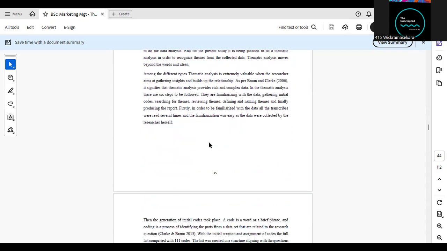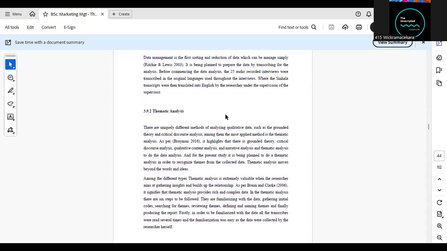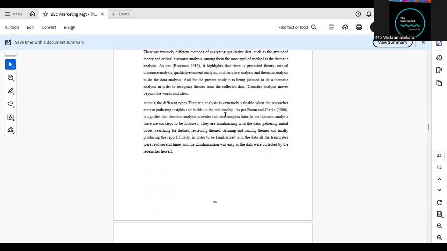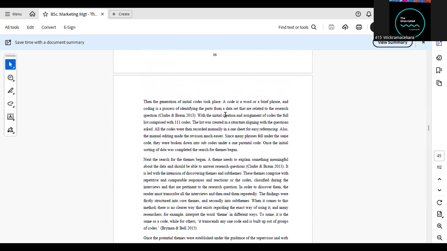Nowadays there is software that does it, but you have to sit and go through it, otherwise it will give you some mistakes in your transcript. And then if you have done the interviews in Sinhala, you will have to translate your transcript into English as well, because the analysis happens in English.